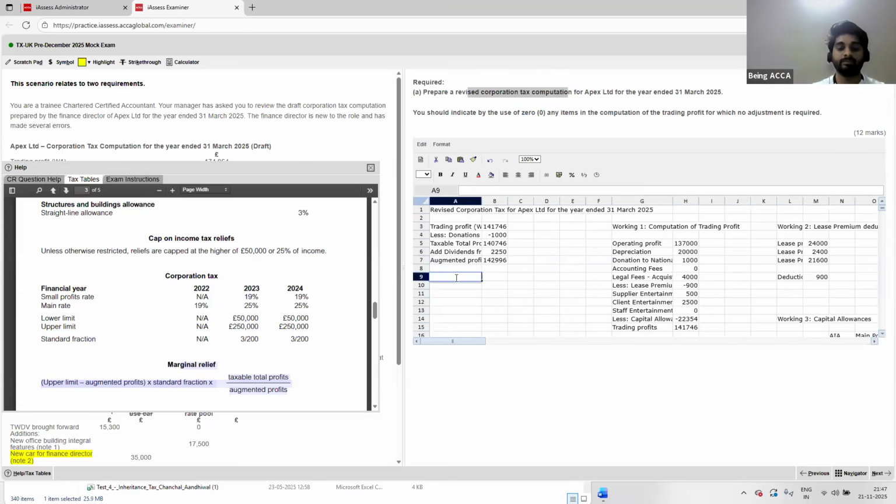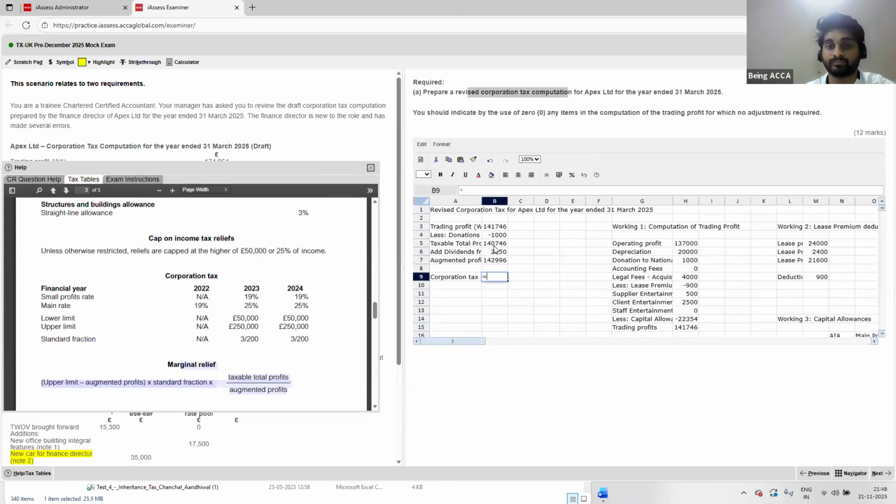So corporation tax at 25% is what we will be taking, as we have seen, the main rate is 25%. And always remember, corporation tax is to be charged on the taxable total profits and not on the augmented profits. It is a very important point to remember, and if you miss it, your answer would be wrong.